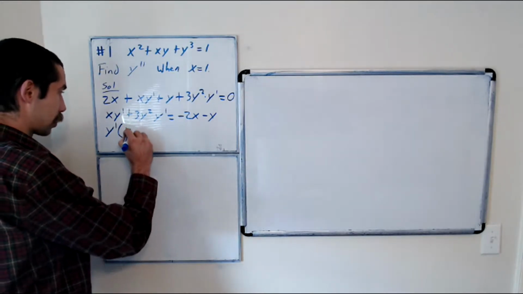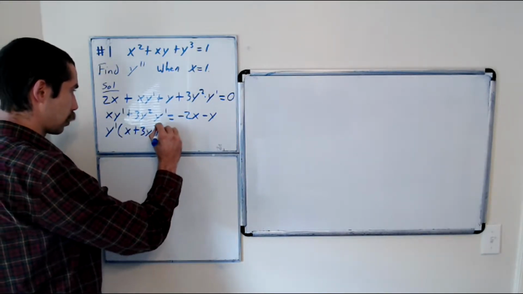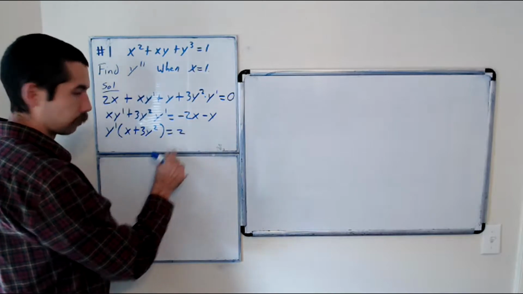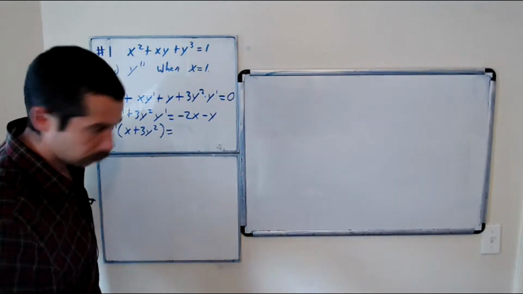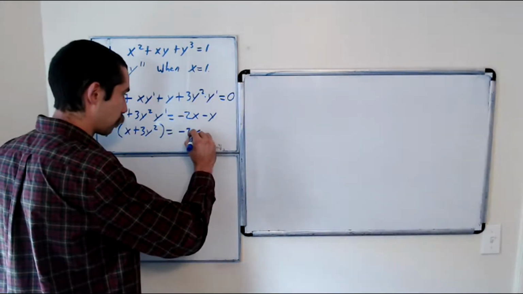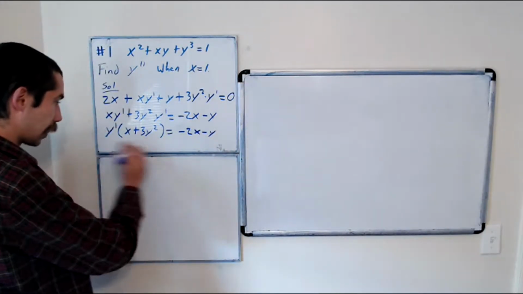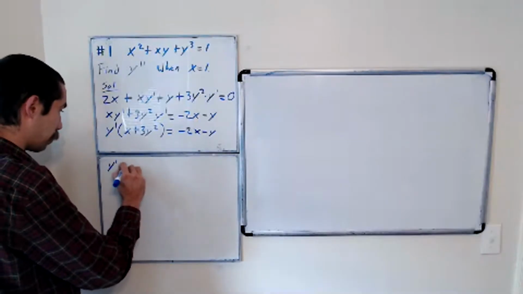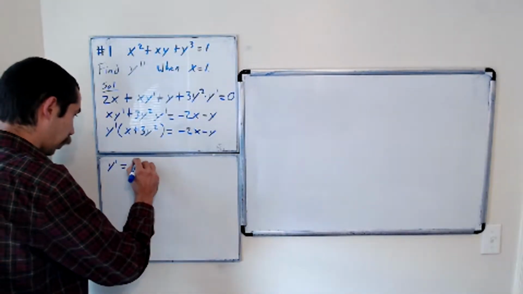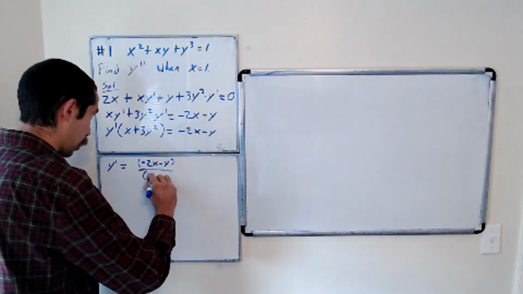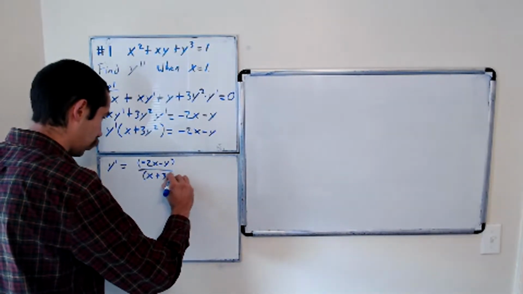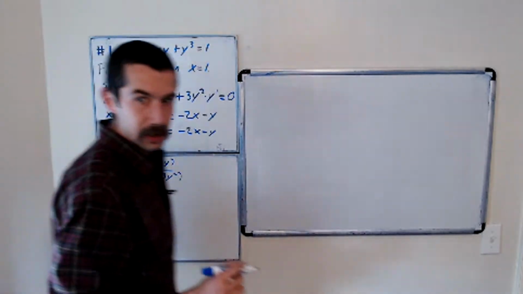And we have x plus 3y squared here we have minus 2x minus 1. Okay, and to get y prime by itself, we just divide. Y prime is equal to negative 2x minus y over x plus 3y squared. Okay. So that's y prime.